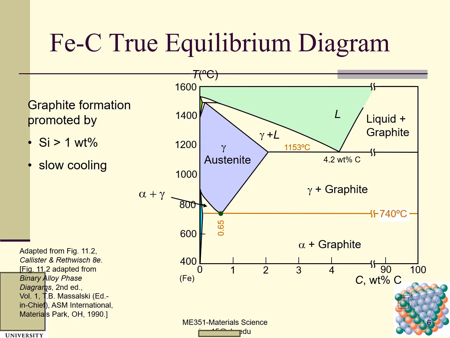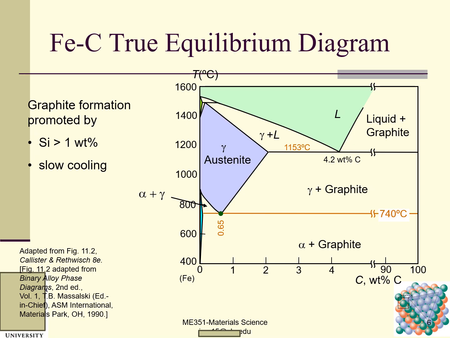So let's come back to our phase diagram, the iron and carbon true equilibrium diagram. Here is austenite. We know that, right? Then we have ferrite plus austenite, and ferrite plus graphite, and plus cementite.